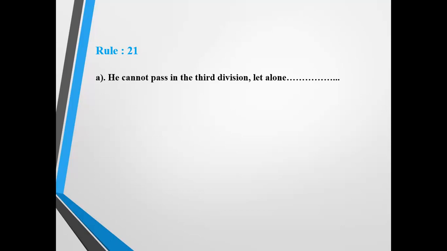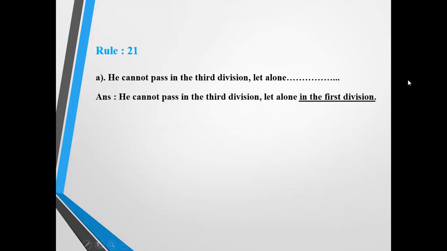So the answer will be: he cannot pass in the third division, let alone first division. It indicates he doesn't have the quality to make third division, and it is mere wastage of time to think about first division.